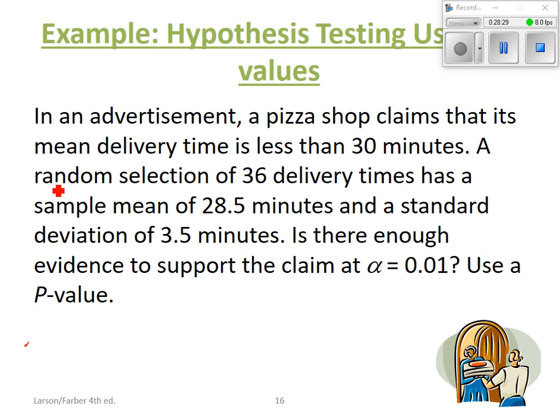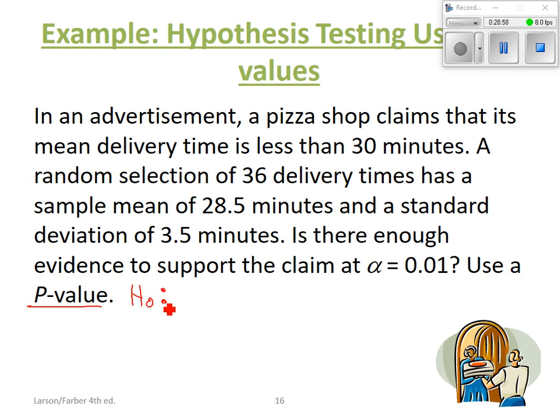In an advertisement, a pizza shop claims that its mean delivery time is less than 30 minutes. A randomly selected sample of 36 delivery times has a sample mean of 28.5 minutes and a standard deviation of 3.5. Is there enough evidence to support the claim at 1%? And this says use the p-value. First thing we're going to do, we have to write our HO and HA.